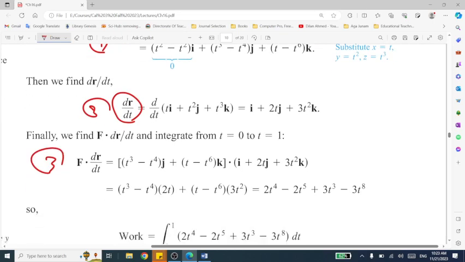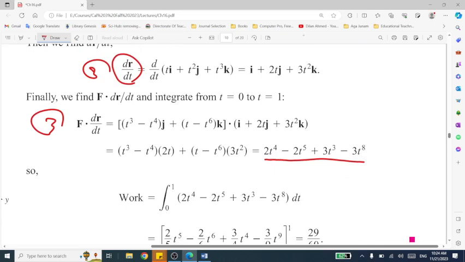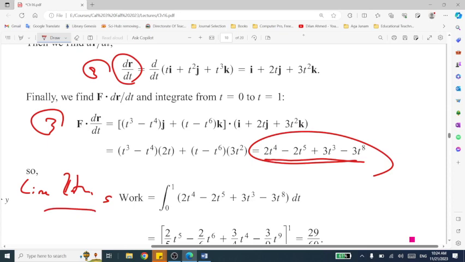So instead of saying line integral, say find work, okay.